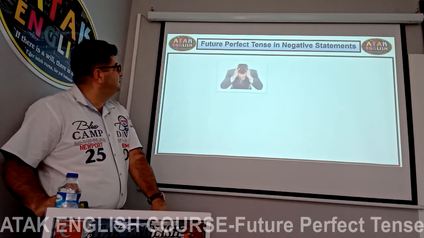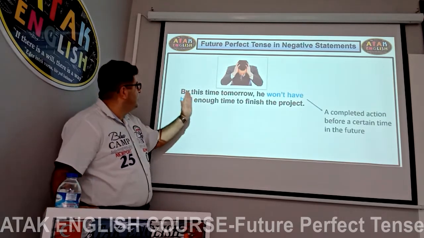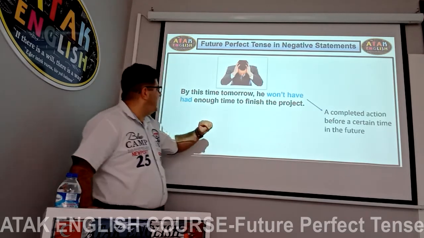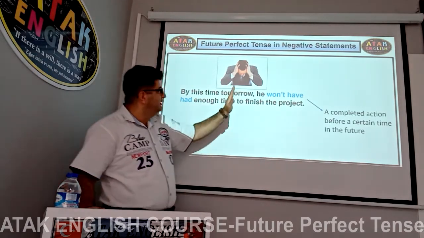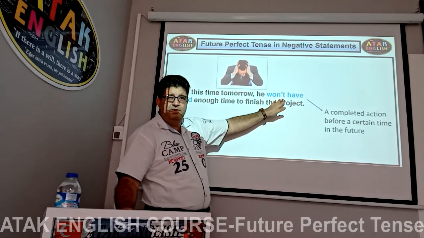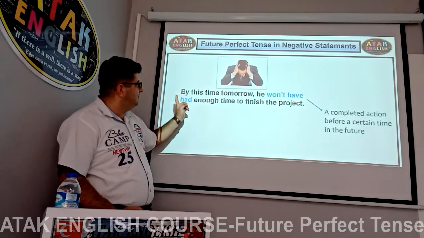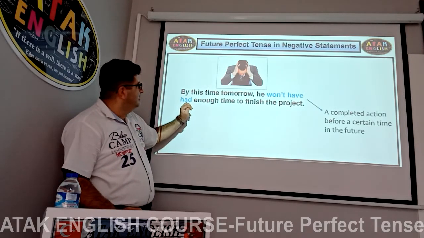Let's see the future perfect tense negative statement. Here comes our example. By this time tomorrow, he will not have had enough time to finish the project. There you go, negative form. But I'd like to attract your attention to the structure.